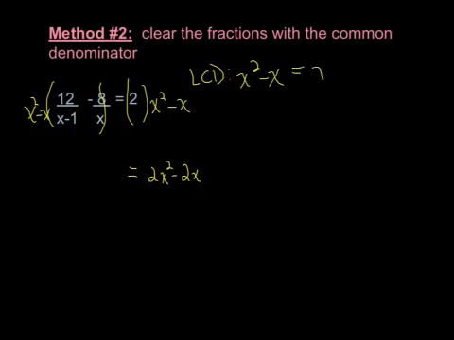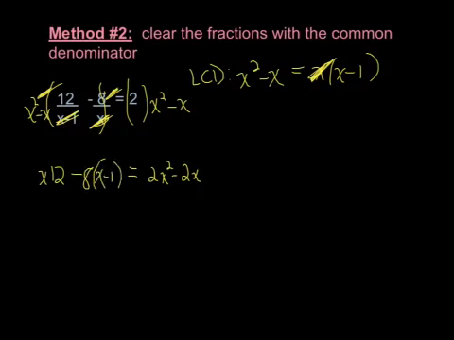Let us remember that this is x times x minus 1. And so when I multiply that, the factor of x minus 1 in this fraction will go away, leaving me with x times 12 minus, here when I multiply by that common denominator, the x will cancel out from that common factor, and I'm just writing in free space there, but realize this x factor is what I'm undoing there, and that leaves me with 8 times x minus 1.